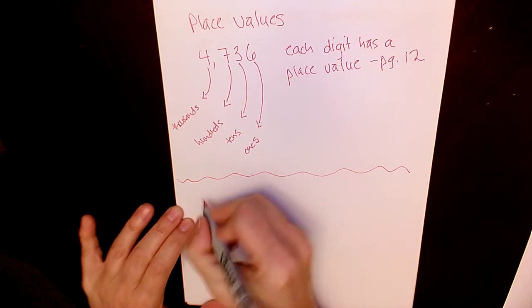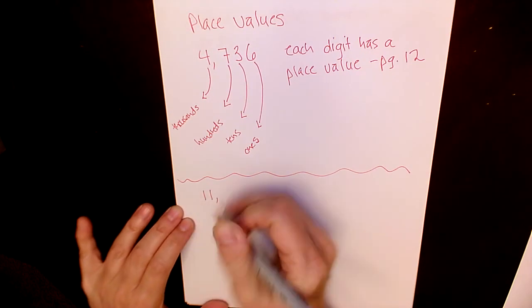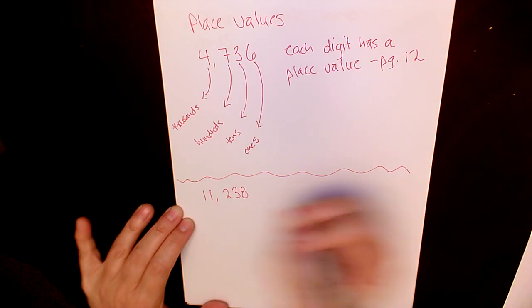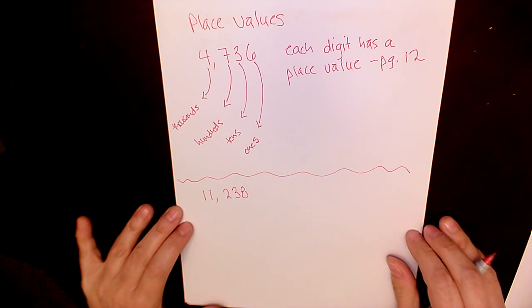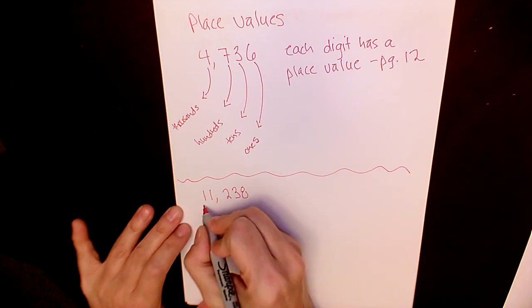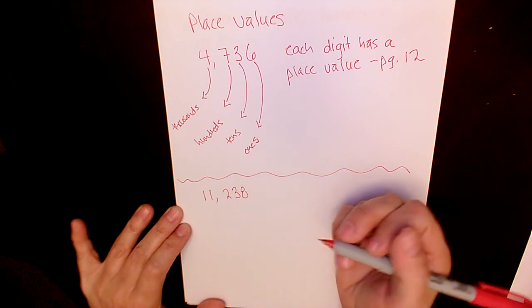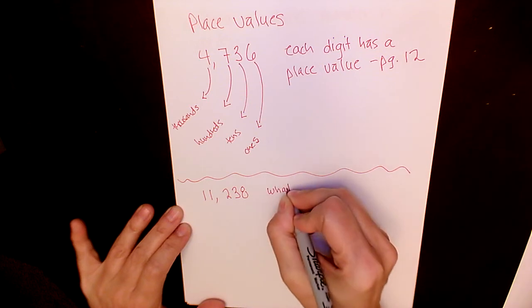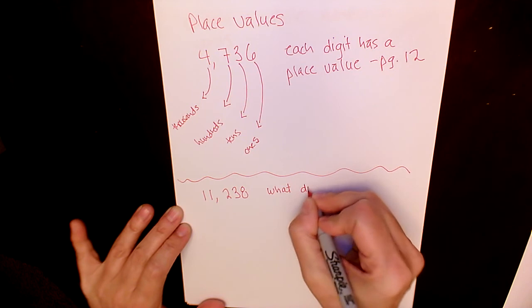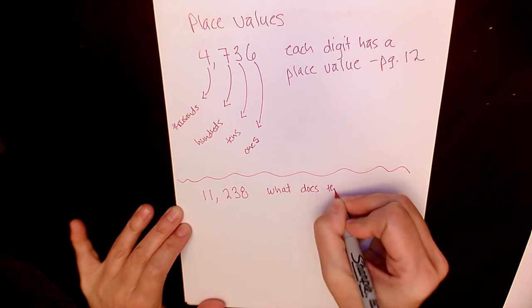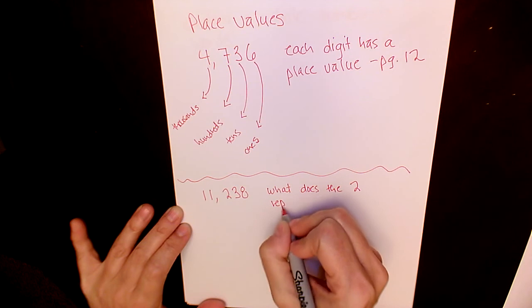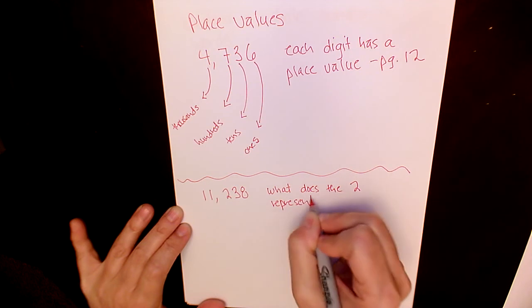If I have 11,238, what does the 2 represent?